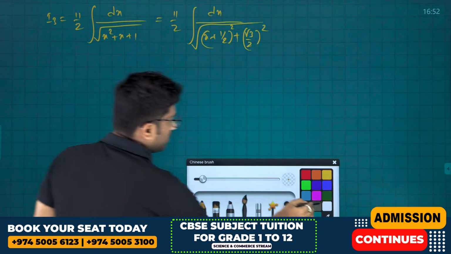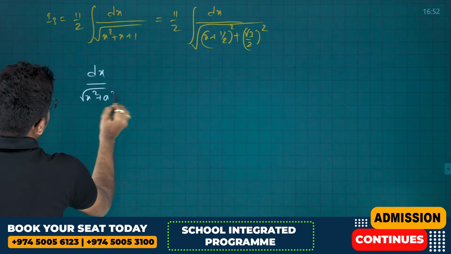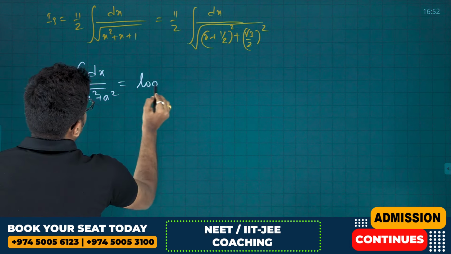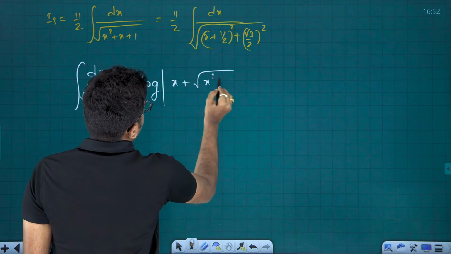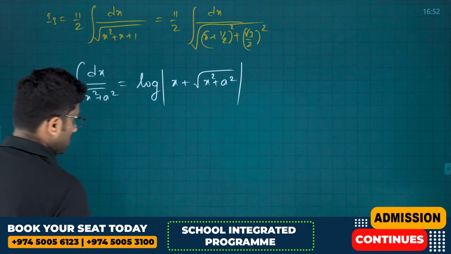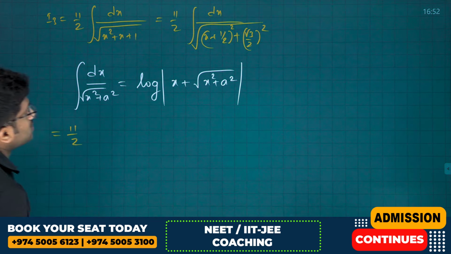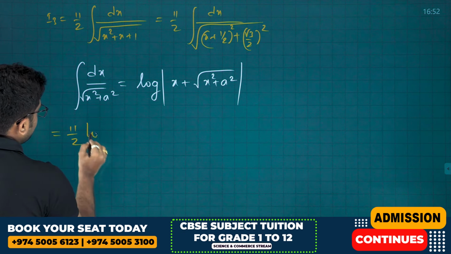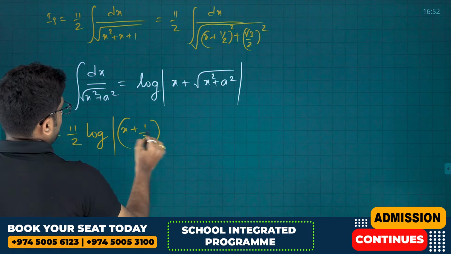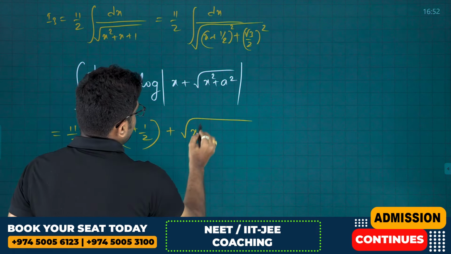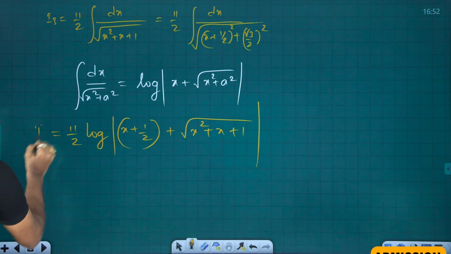We know the integral of dx by root over x square plus a square is nothing but log mod x plus root over x square plus a square. So this is nothing but 11 by 2 times log mod x, that is x plus 1 by 2, plus root over x square plus x plus 1. Okay, so this is what our I3.